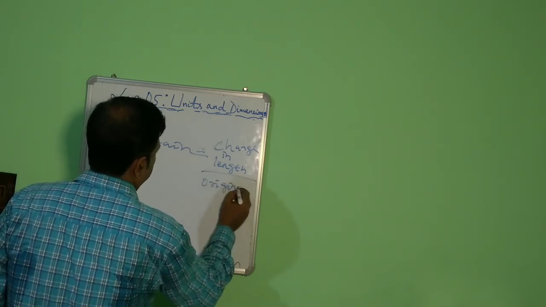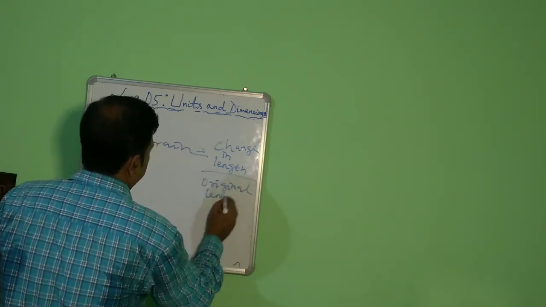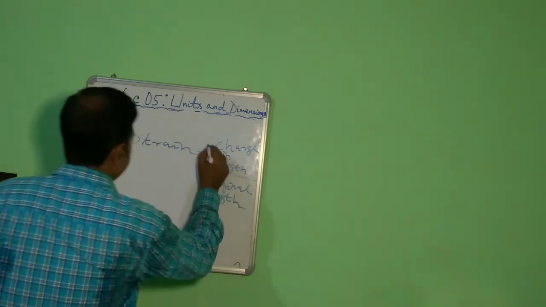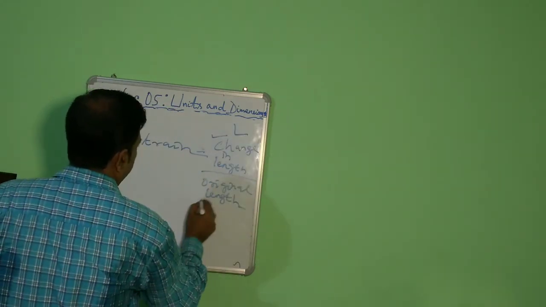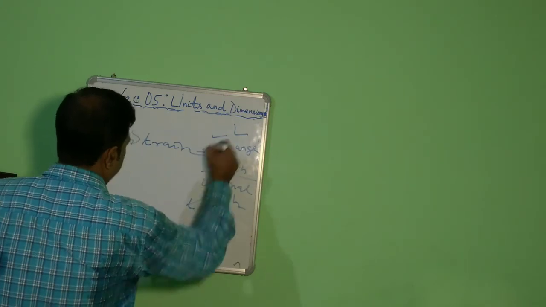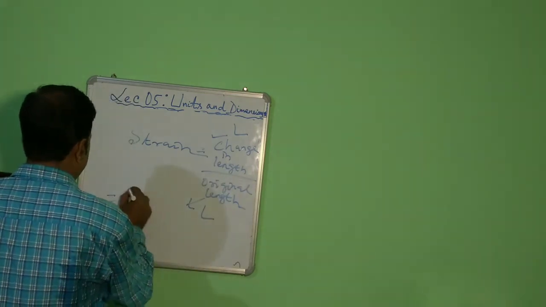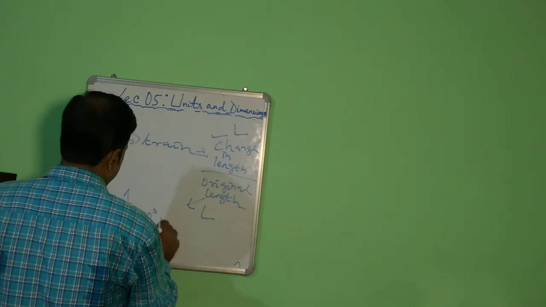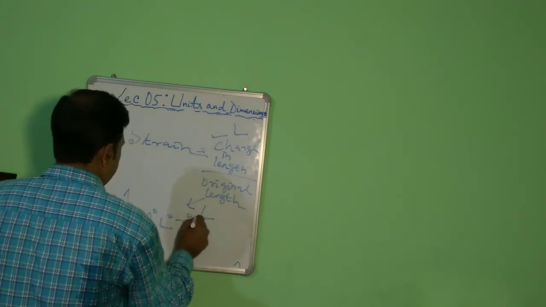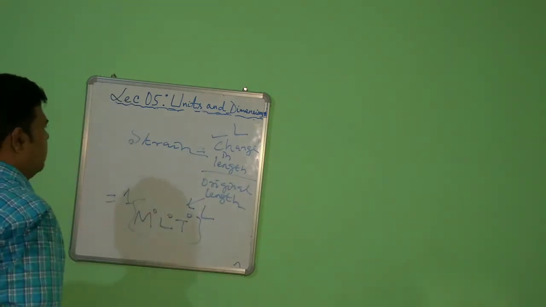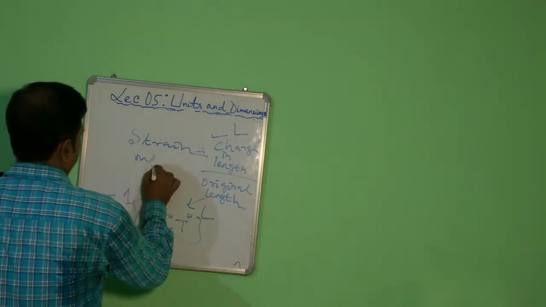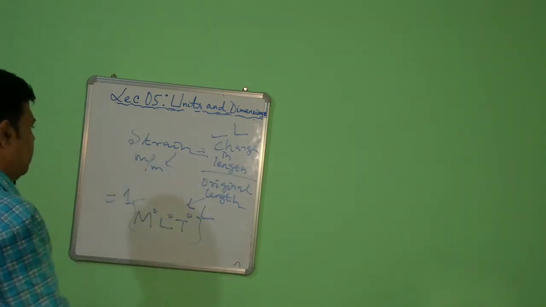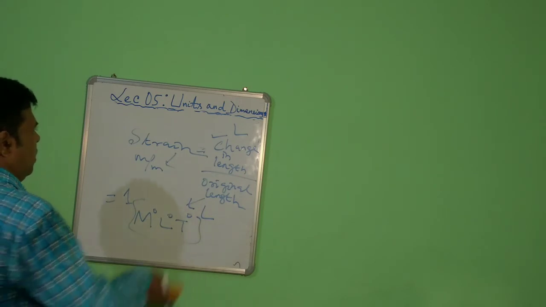The change in length has dimension L, the original length has dimension L, and L upon L is 1. So it is dimensionless, but it is also unitless as well. For example, meter upon meter. So it has no units and no dimensions.